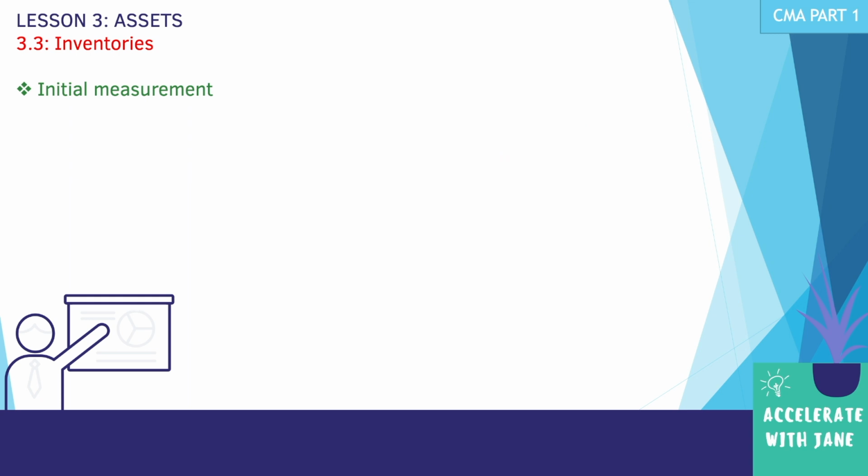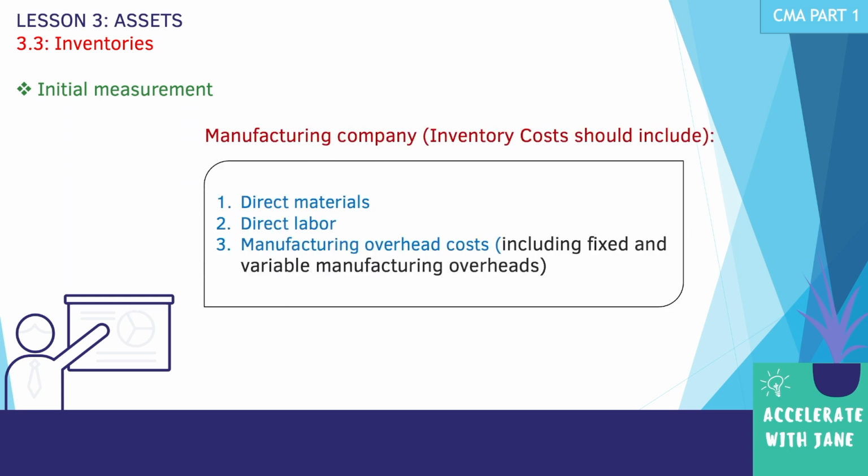Okay, so now let's go to the initial measurement for a manufacturing company. We have three here: direct materials, direct labor, and manufacturing overhead costs, and these include fixed and variable manufacturing overheads. We all know that a manufacturing company consumes resources whenever it processes products, right?